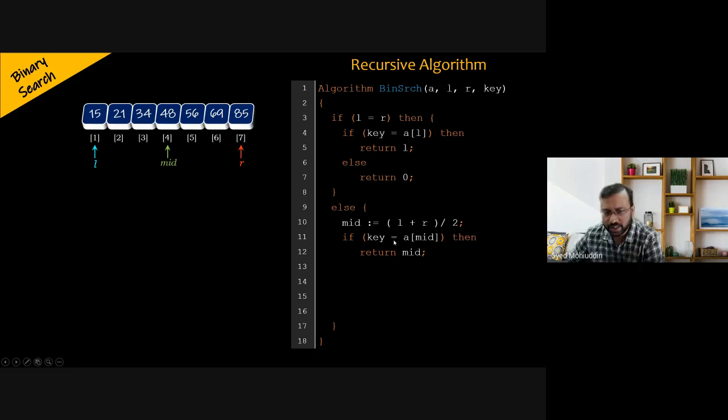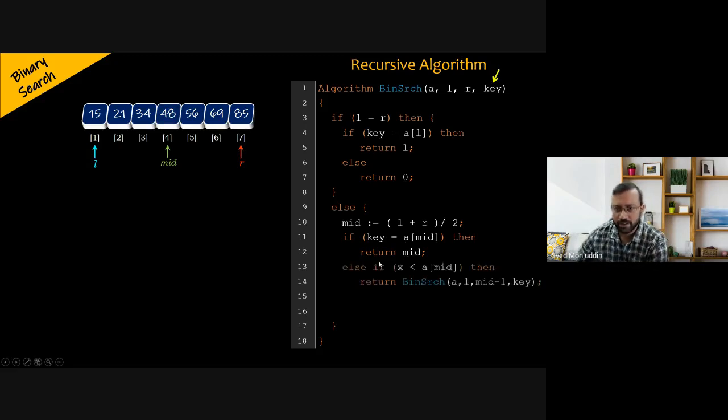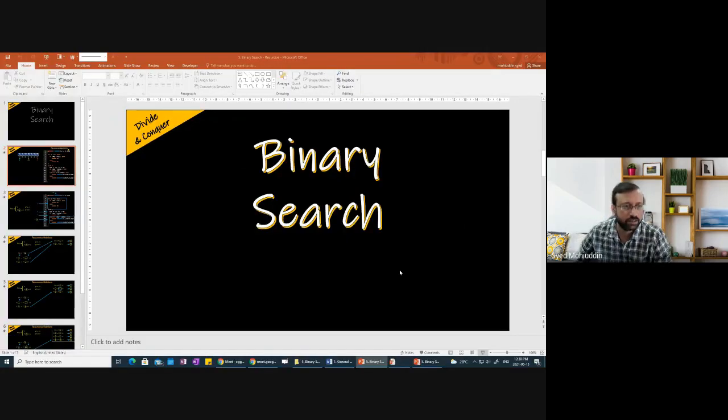If it is present, that means we have found the solution while trying to divide the array itself, and we return the mid index. If the element x which we are trying to search, oh sorry, this should not be x, this should be key.